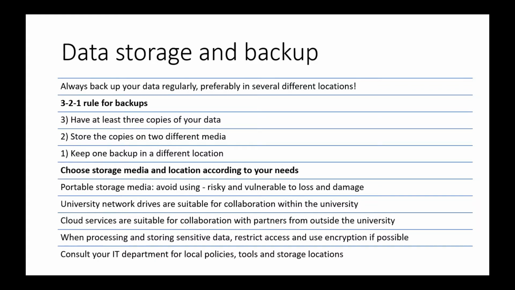And also you should always choose the storage media and location according to your needs. You should always avoid using portable media because this is risky and vulnerable. Hopefully nobody is using that as the only location.